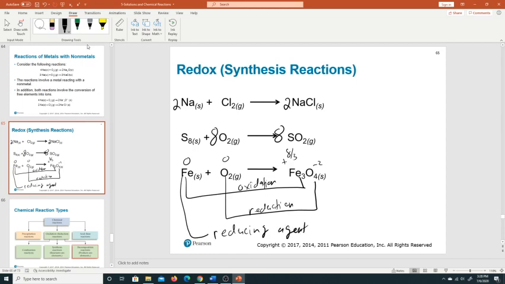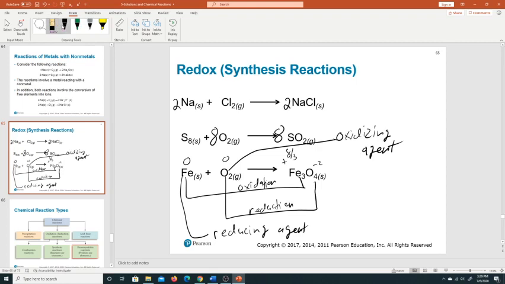Oxygen, therefore, is the oxidizing agent. The oxidizing agent gets reduced, the reducing agent gets oxidized.